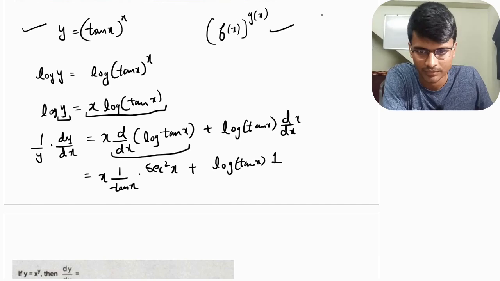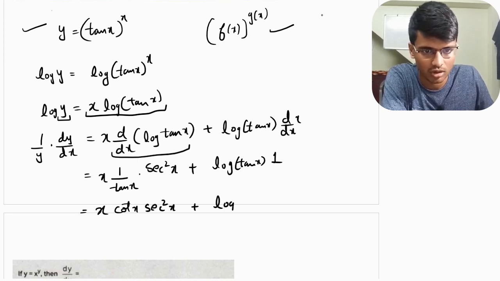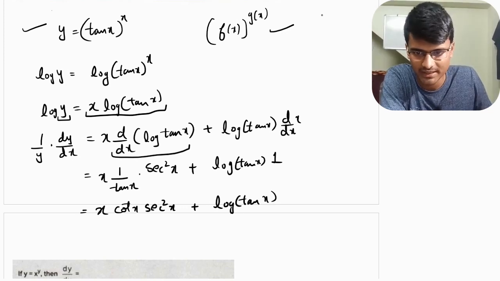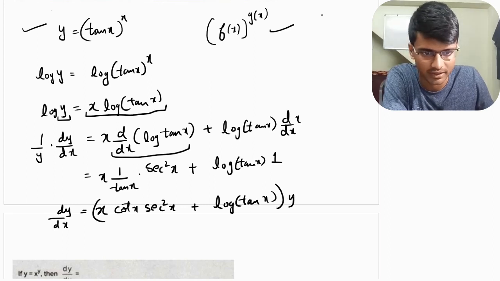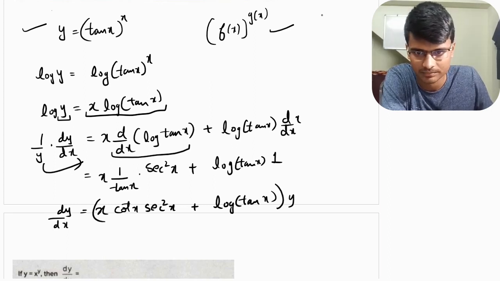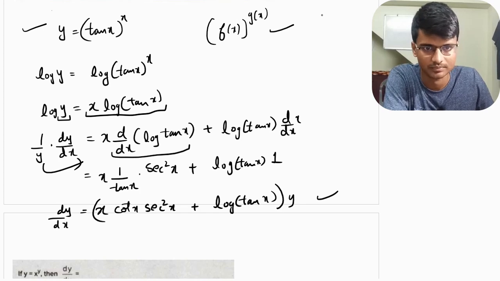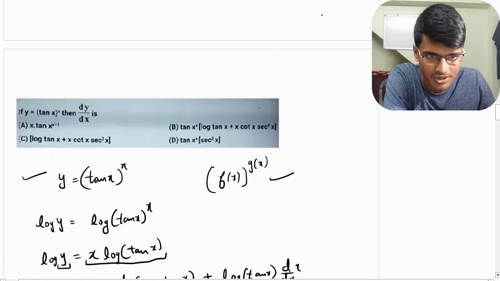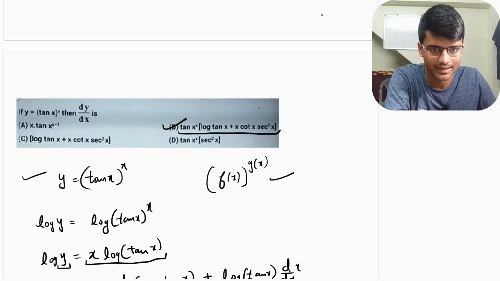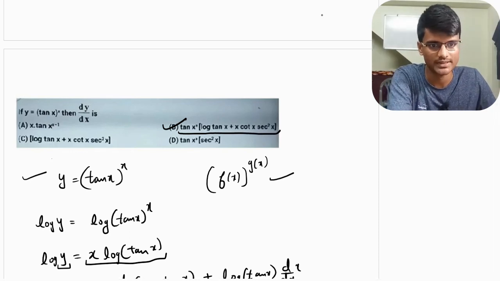Just simplify this: x times 1 by tan x is nothing but cot x, so we get x cot x sec square x plus log of tan x. My dy by dx is nothing but this multiplied by y, so this y will come here. This is my answer, so the correct answer is option B: tan x whole power x times log tan x plus x cot x sec square x.